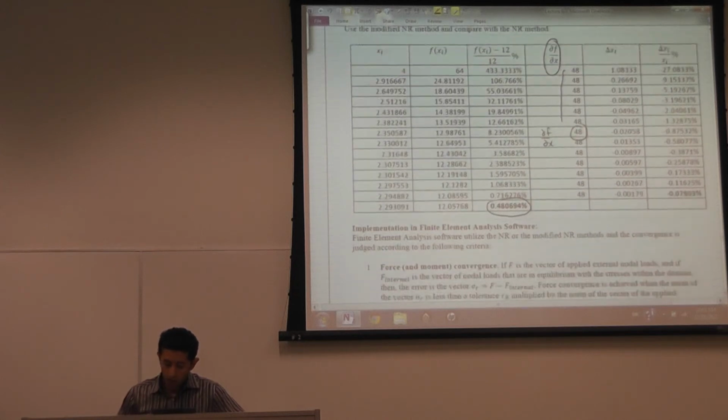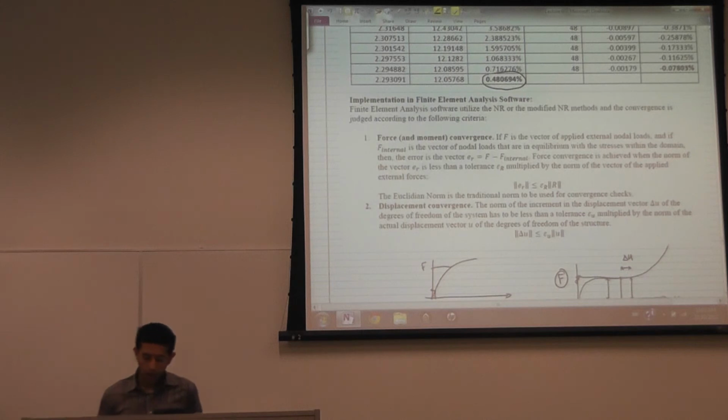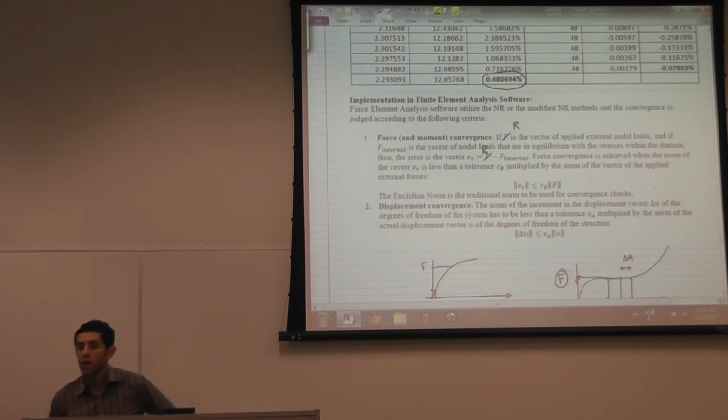Now, implementation in finite element analysis, we're going to cover a lot of these things in finite element analysis. I think this should be R. How is this implemented in the finite element analysis?